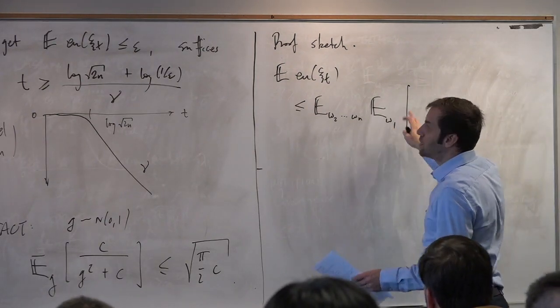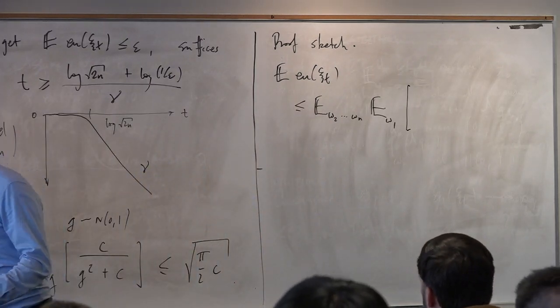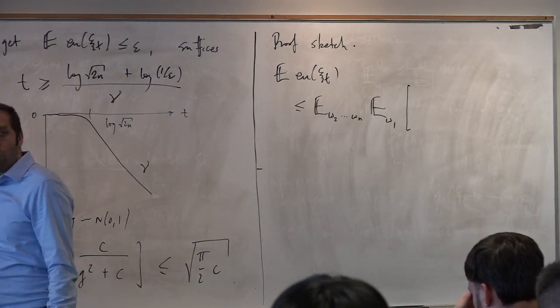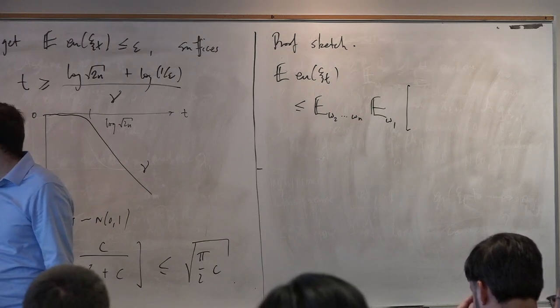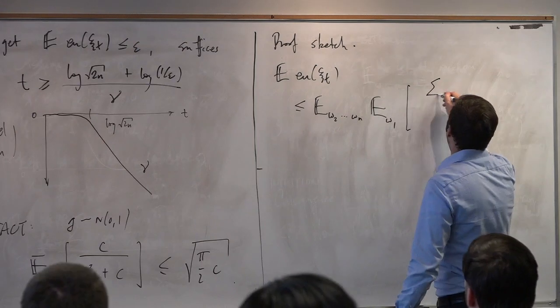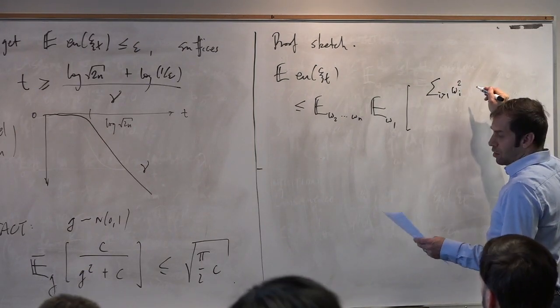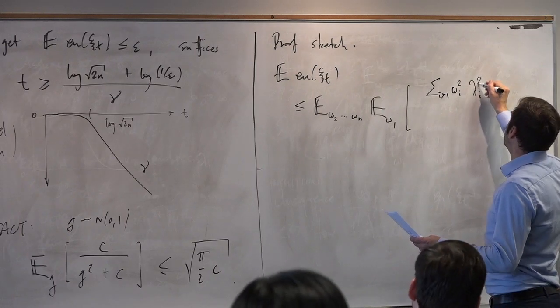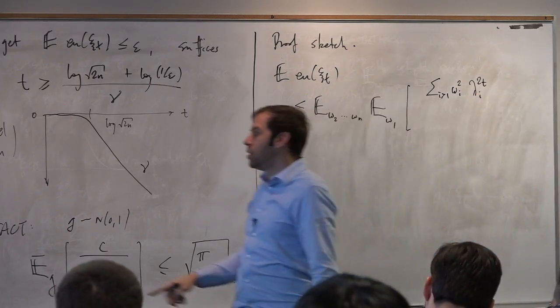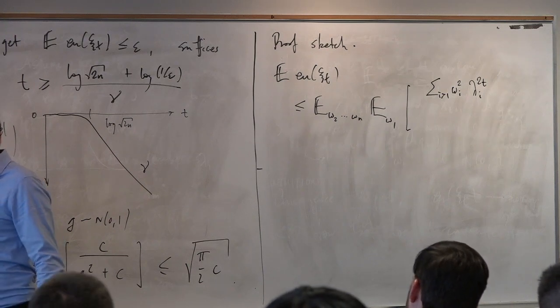And what does the error bound look like? Well, we're going to notice that lambda 1 is equal to 1, so the first term here goes away. So we have the sum from i greater than 1 of omega i squared lambda i to the 2t. And this number is always smaller than 1, so I'm just going to get rid of it.